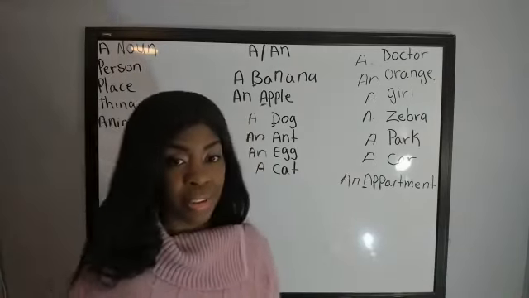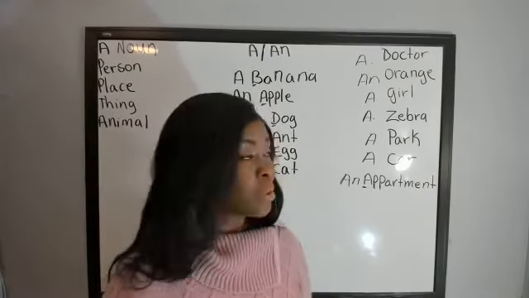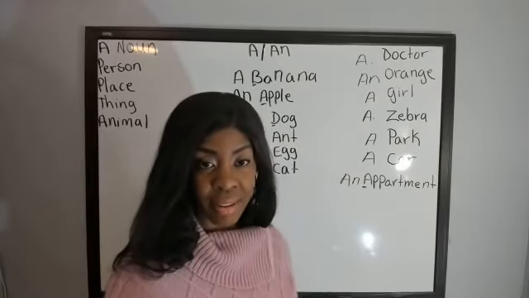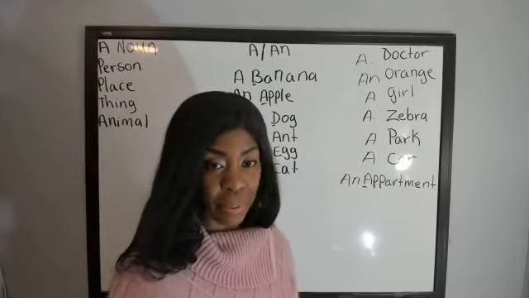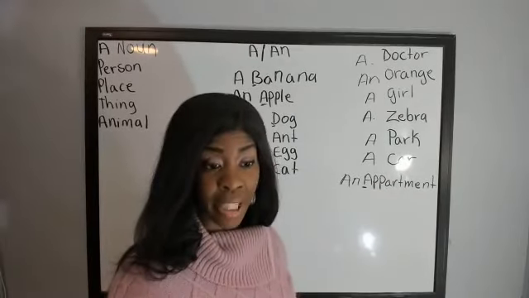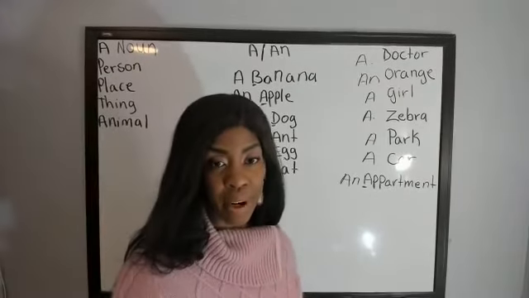A zebra, that's an animal. And we have a park, that's a place. A car, it's a thing. Then we have an apartment.